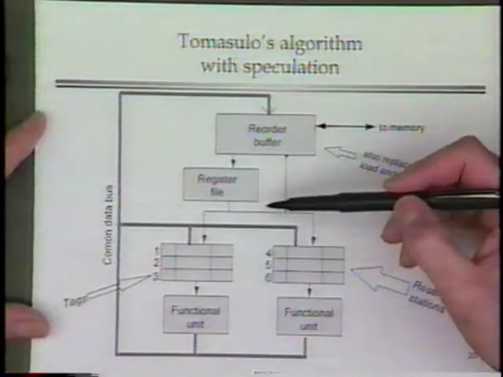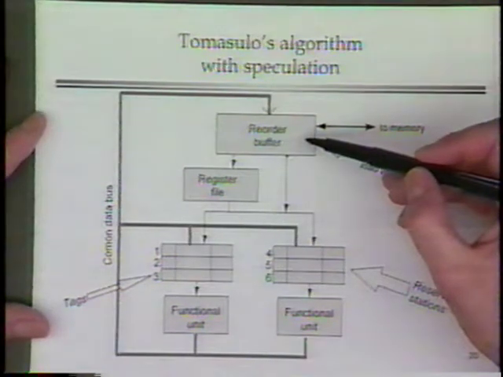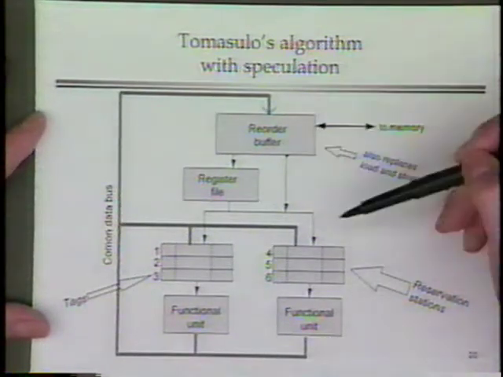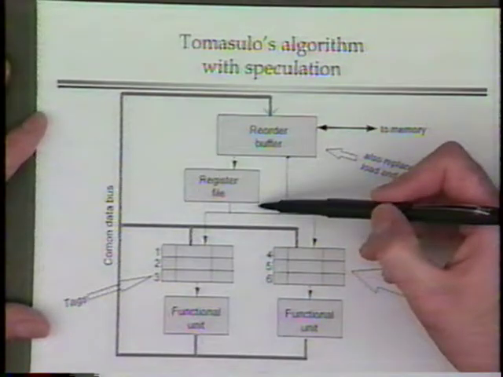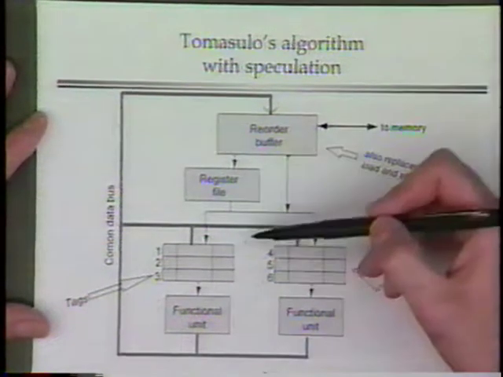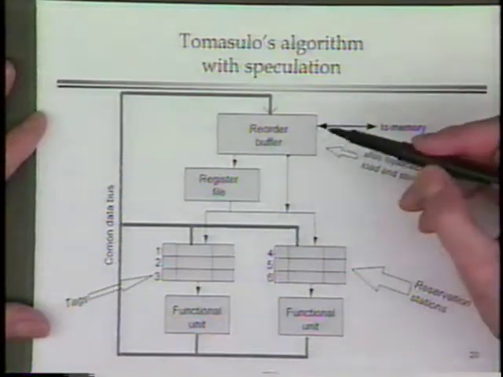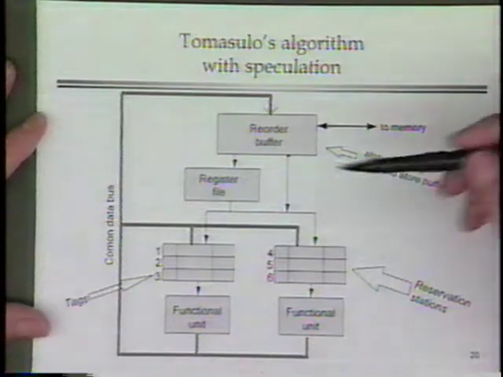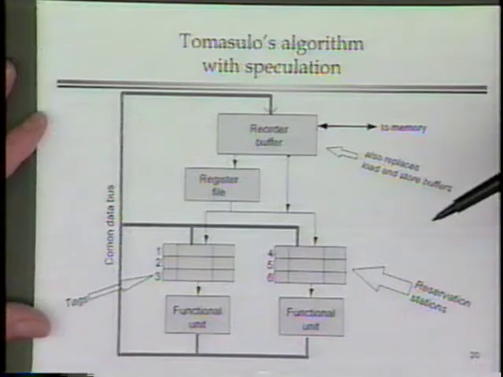So every time you issue an instruction, including a branch, you put an entry in the reorder buffer. Instructions which complete after the branch stack up behind its entry in the reorder buffer, don't write their results to the register file until the branch is out of the reorder buffer, and don't take exceptions, although they're recorded, the exceptions aren't taken until they get to the top of the reorder buffer. So we get both precise interrupts and we get a way of erasing the effect of instructions that shouldn't have been executed.